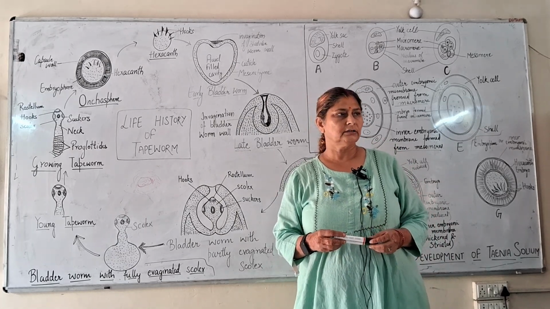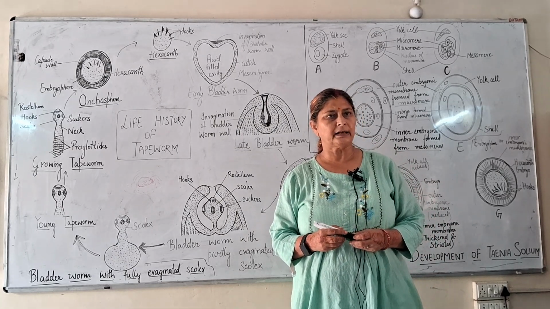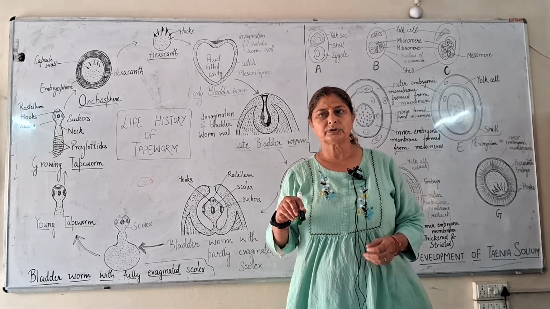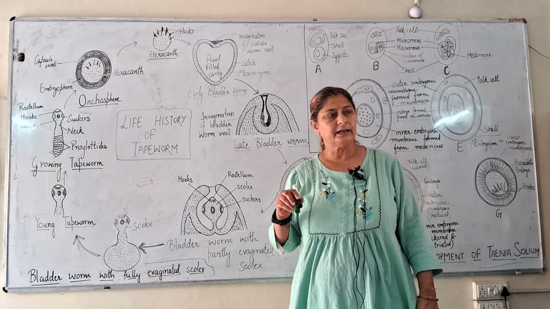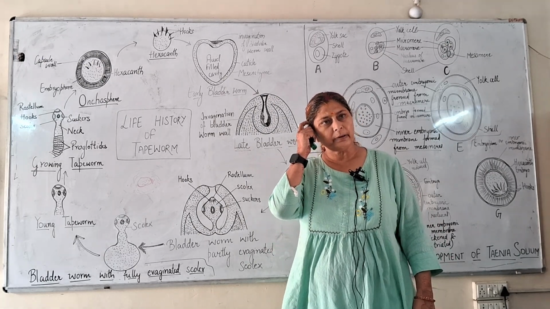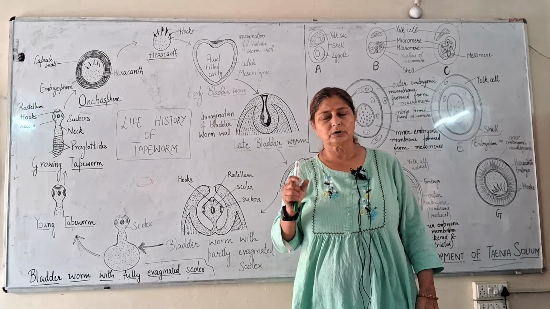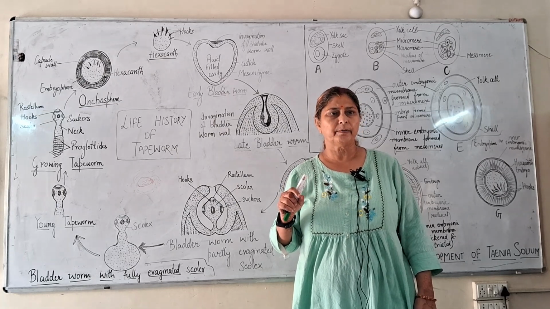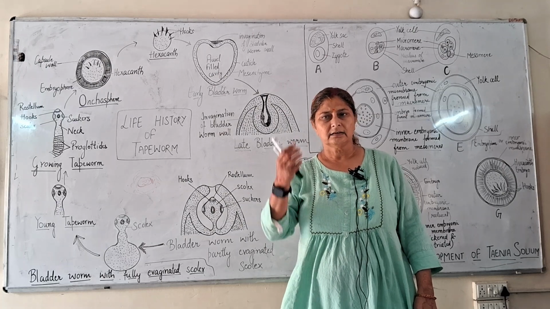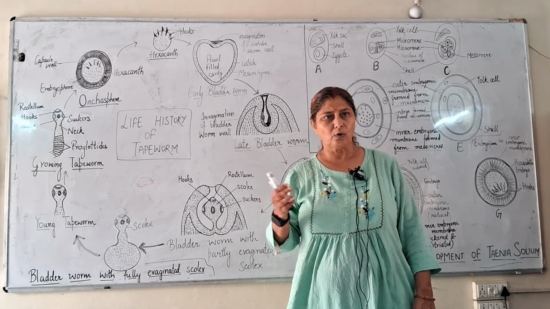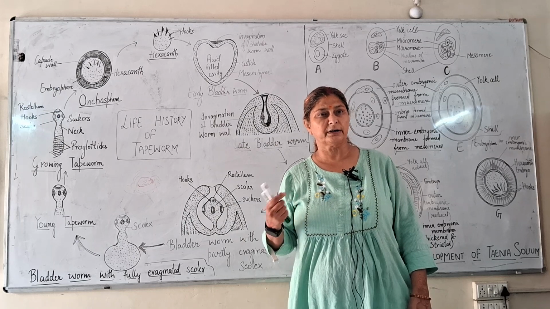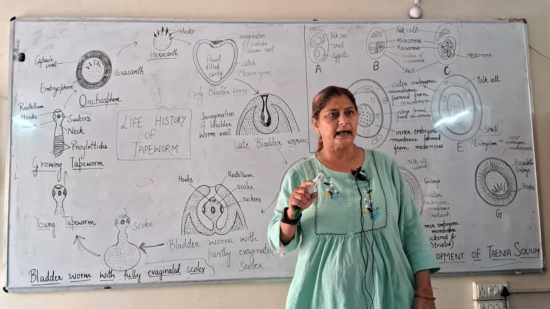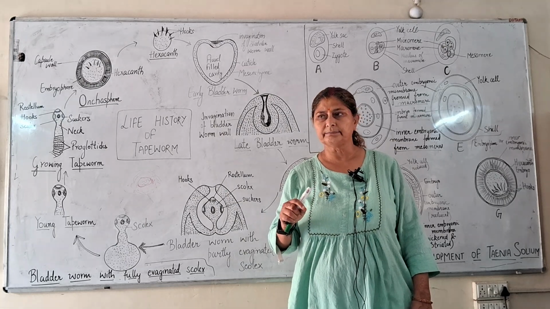Copulation we have done, that takes place through the cirrus, which throws its sperms into the vagina of the female, where the sperms are stored. Then in the ootype, the egg is thrown by the ovary, carried by the oviduct into the ootype, and the yolk cells carry the yolk with them.